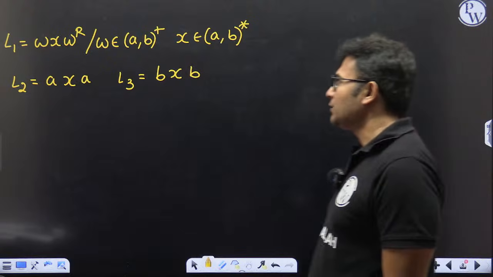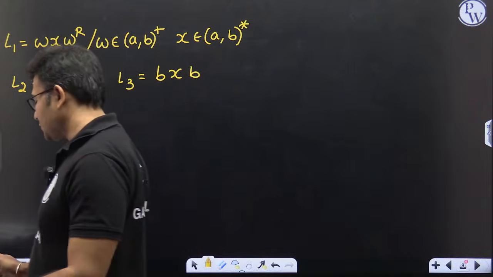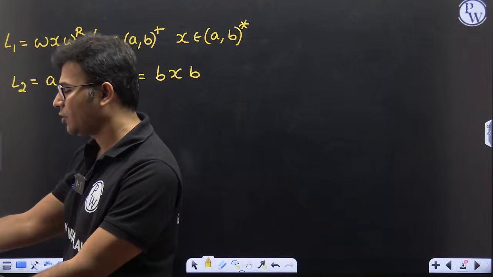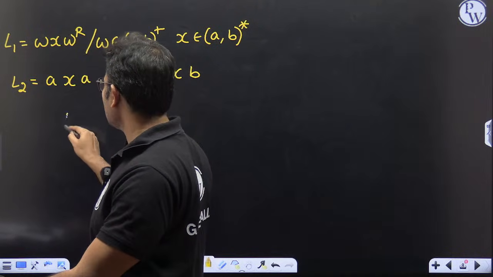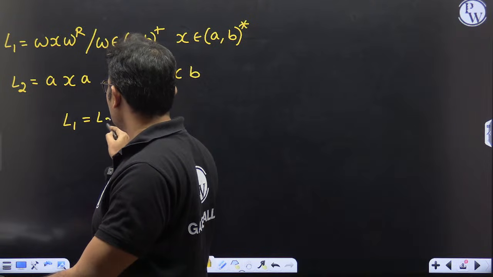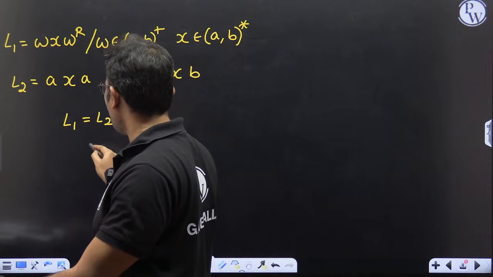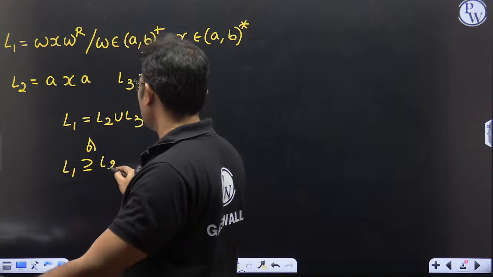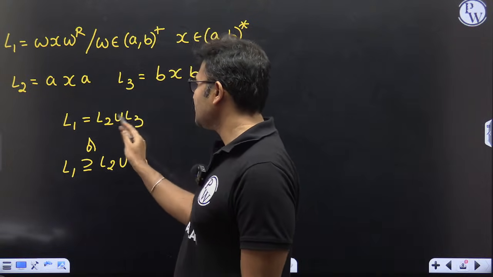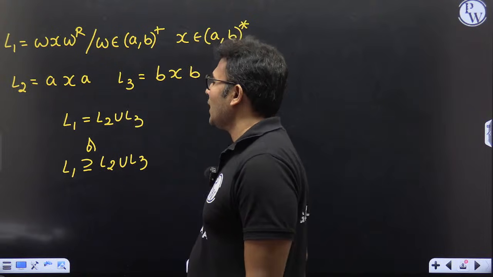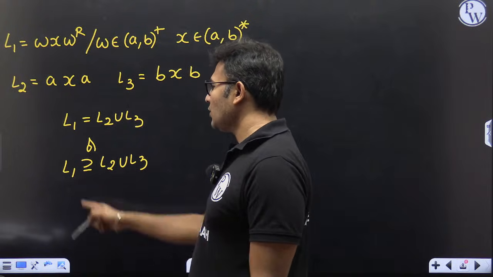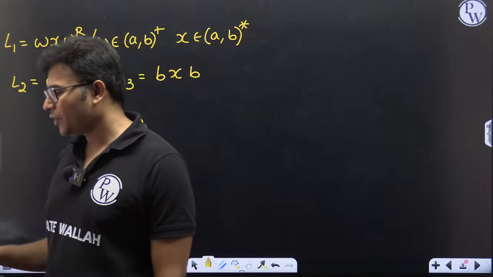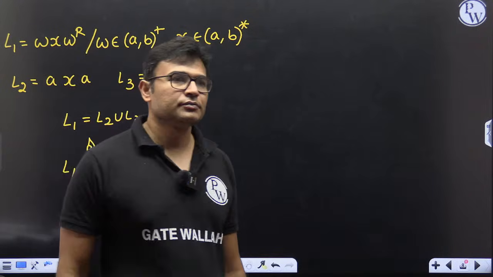I'll give you a hint. You have to check if L1 is equal to L2 union L3, or if L1 is a superset of L2 union L3. If it is equal, then it is a regular language. If it is not equal, if L1 is a superset, then it is not a regular language. This is the hint. Try it now.